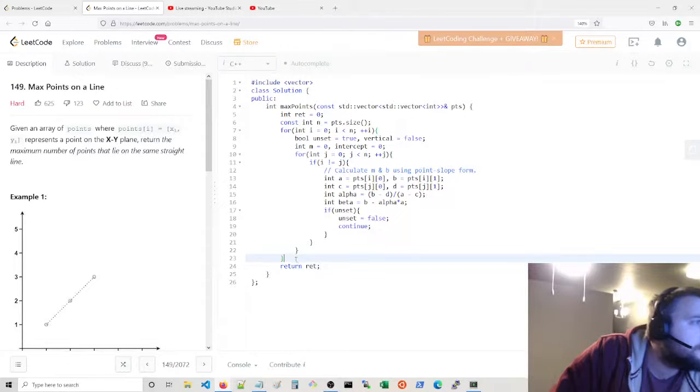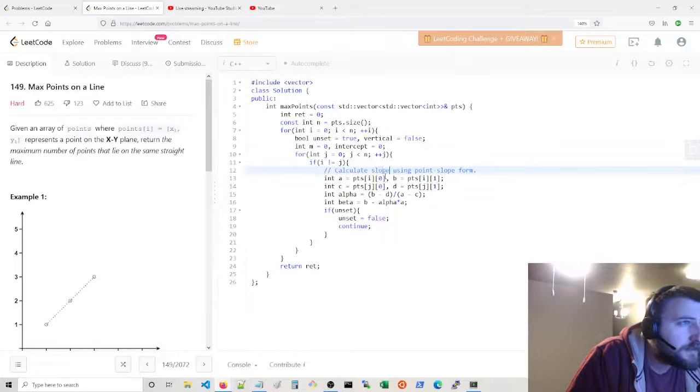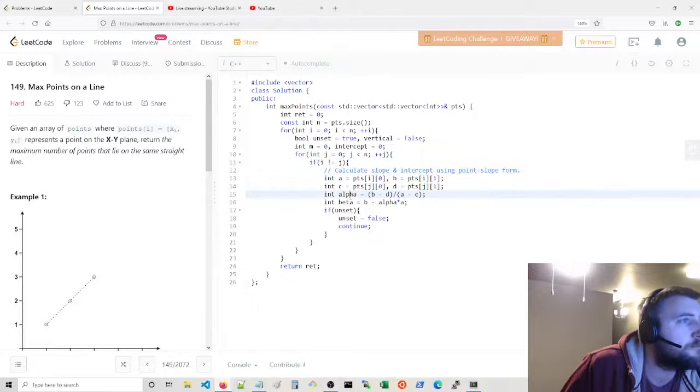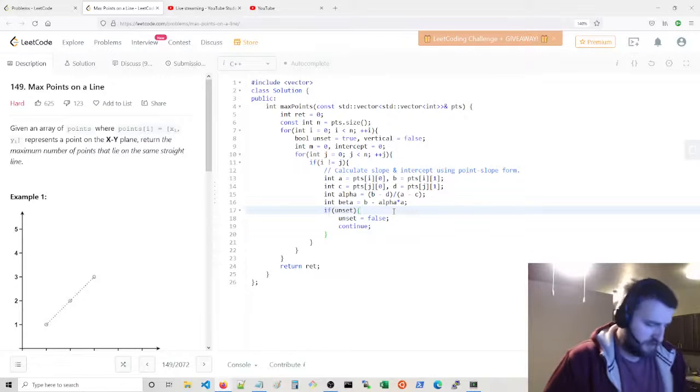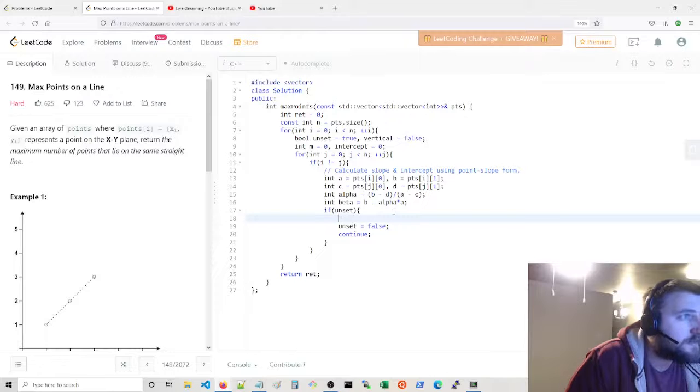But what we want to do is we have unset, we have vertical, we have calculating m and b using point slope form, or slope and intercept, and you can call it m, that's fine. Calling these two alpha, beta. So if it's unset, we're going to set unset to false. We're going to set ret equals current, we'll say.